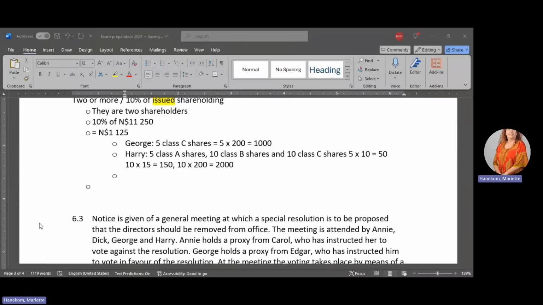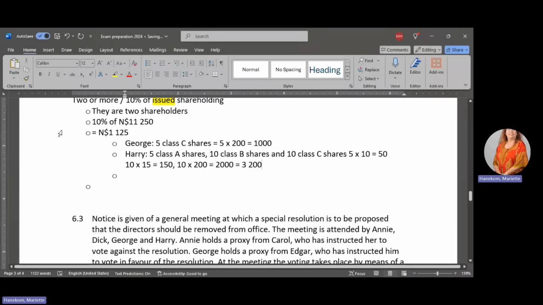We've got 1,000 plus 50 plus 150 plus 2,000 equals 3,200, which is more than the 1,125 that they need.